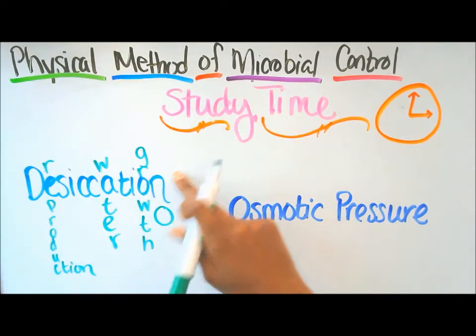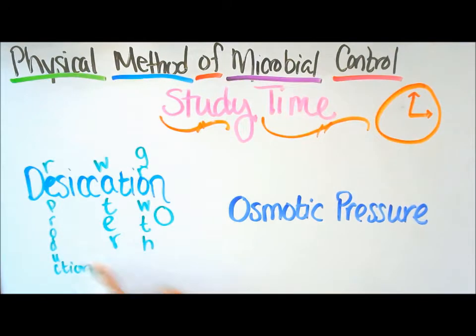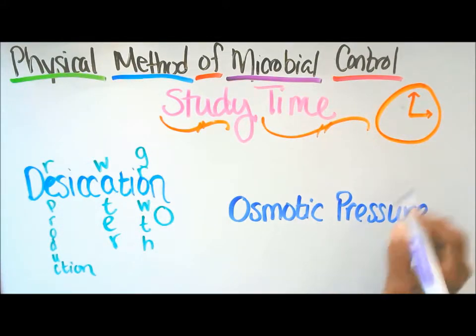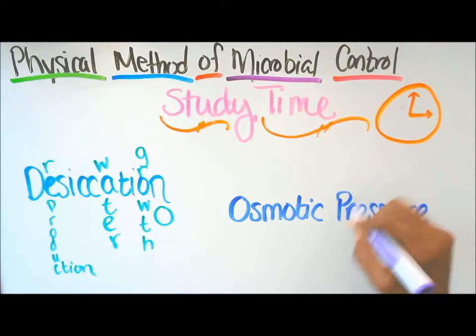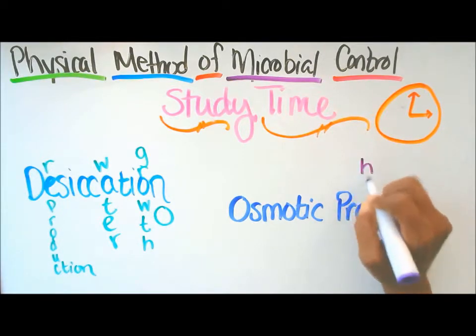So desiccation, there's no water, which means there's no growth and no reproduction. On to osmotic pressure. Now I'm going to use the E in osmotic pressure in pressure, and we're going to spell hypertonic.